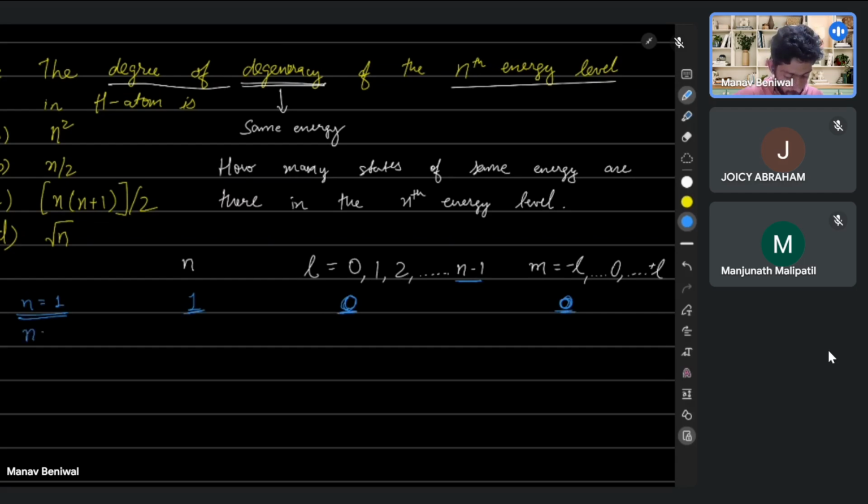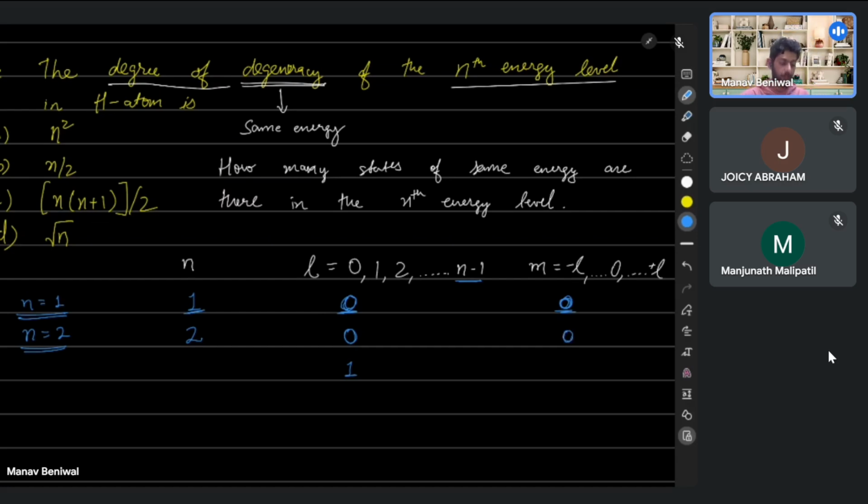Okay, let's see for n equal to 2. Now you will have the second energy level. Here you will have two values of L, 0 and 1, right? So when your L is 0, your m will be 0.